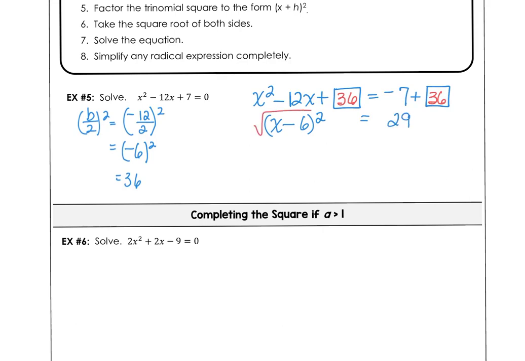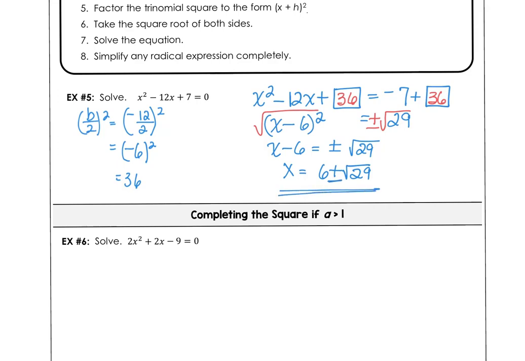Taking the square root of the left and both positive and negative square root of the right, we have the exact solution by solving for x, which is going to be 6 plus the square root of 29, or 6 minus the square root of 29.